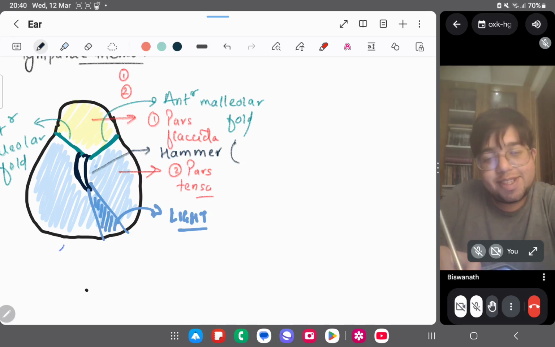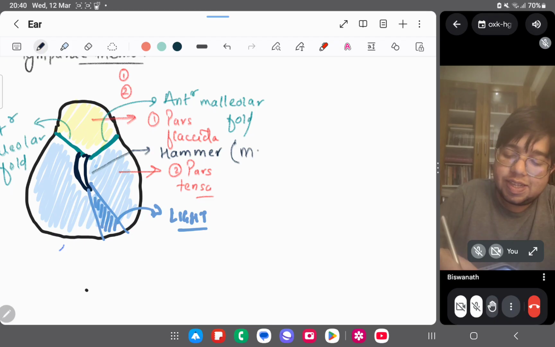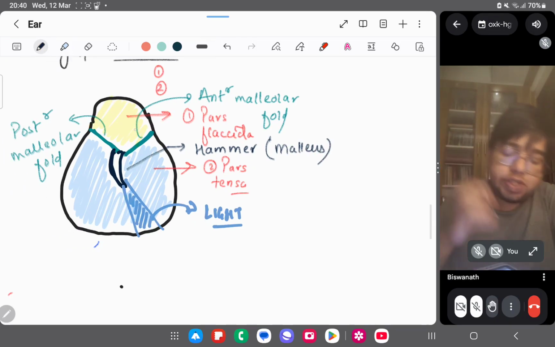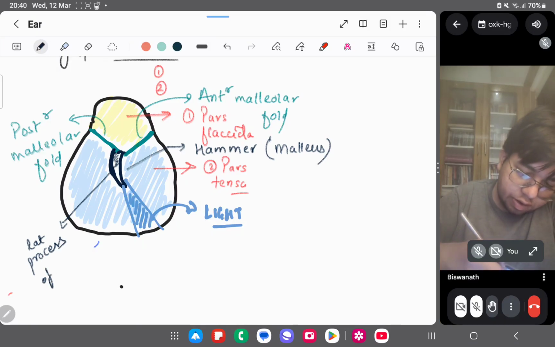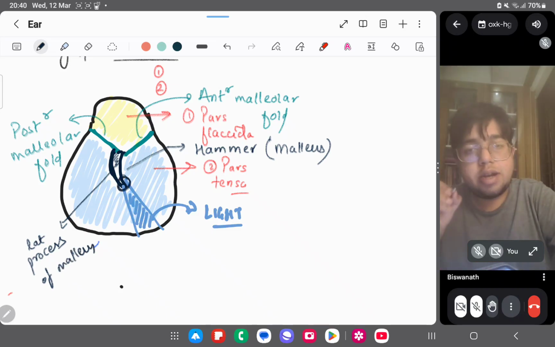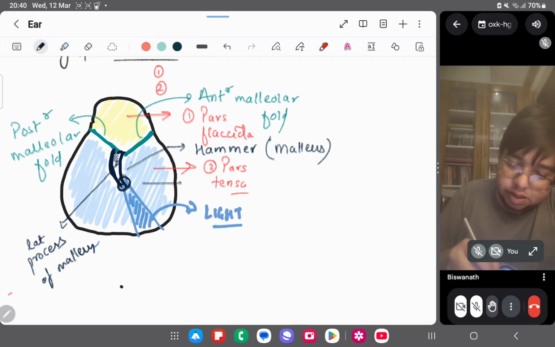Hammer, anvil and stirrups. You all know that, right? So this is the malleus. Here we have the lateral process of the malleus. This part, the lateral process. And this part is the handle of the malleus.